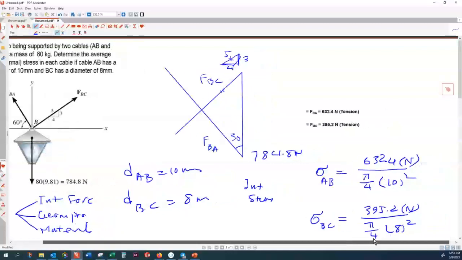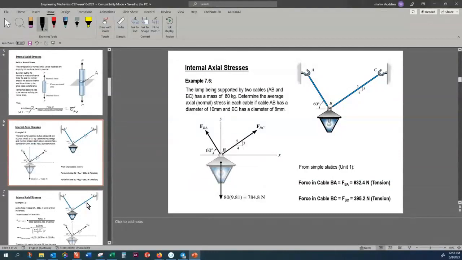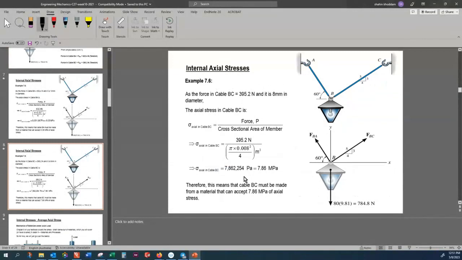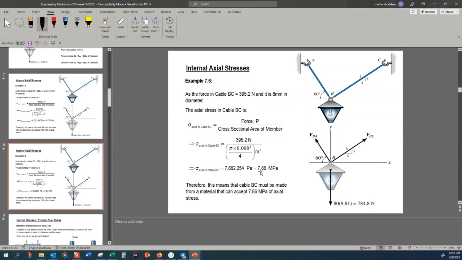And by doing that, you find out the stresses in each member. If we calculate the stresses, within AB the stress is 8 megapascal, and within the other one is 7.8 megapascal.